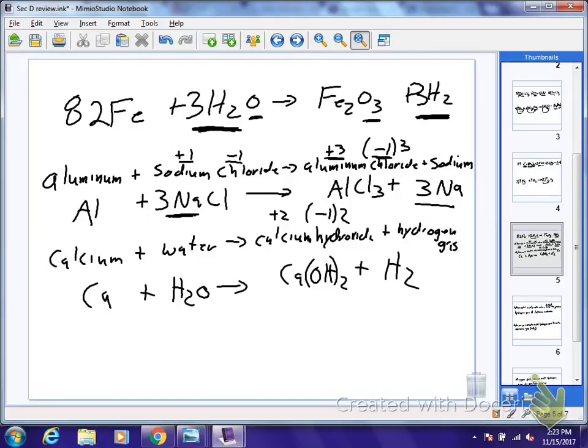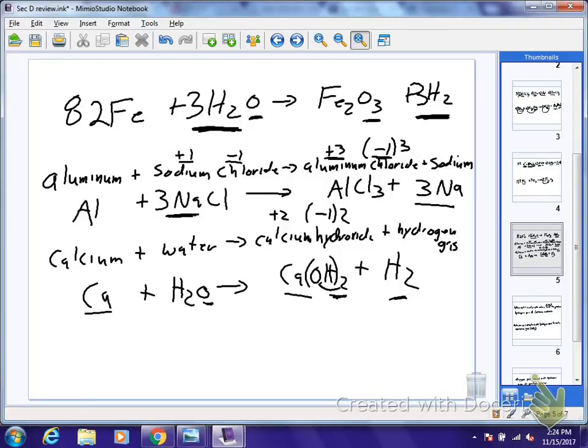Okay. So what we have is H's are kind of not a good one to start out with, because there's 2 locations on this side you can see, and so we just want to keep away from that until the very end. So calcium equals 1 and 1. Oxygens, there's 1 here. See, we keep away from hydrogen, H2. And over here, there's 2.